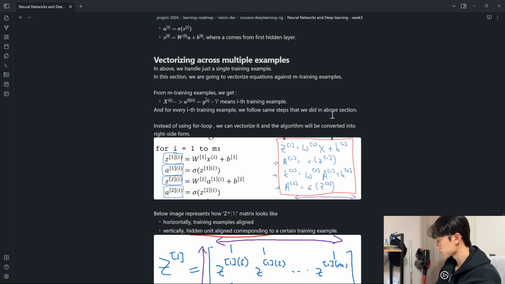That's this z1(3). So now, if you consider the training set capital X, which we formed by stacking together all of our training examples, the matrix capital X is formed by taking the vector x1 and stacking it horizontally with x2, and then also x3. This is if we have only 3 training examples. If you have more, you keep stacking horizontally like that.